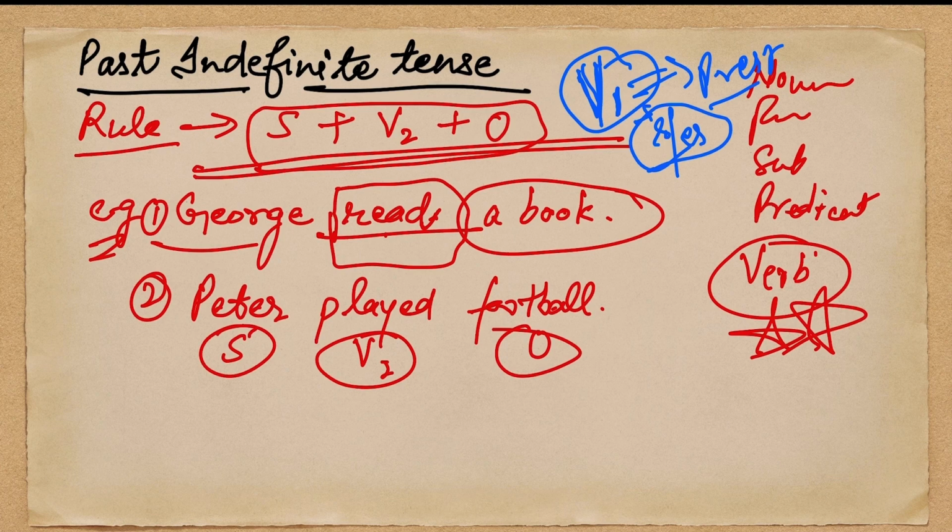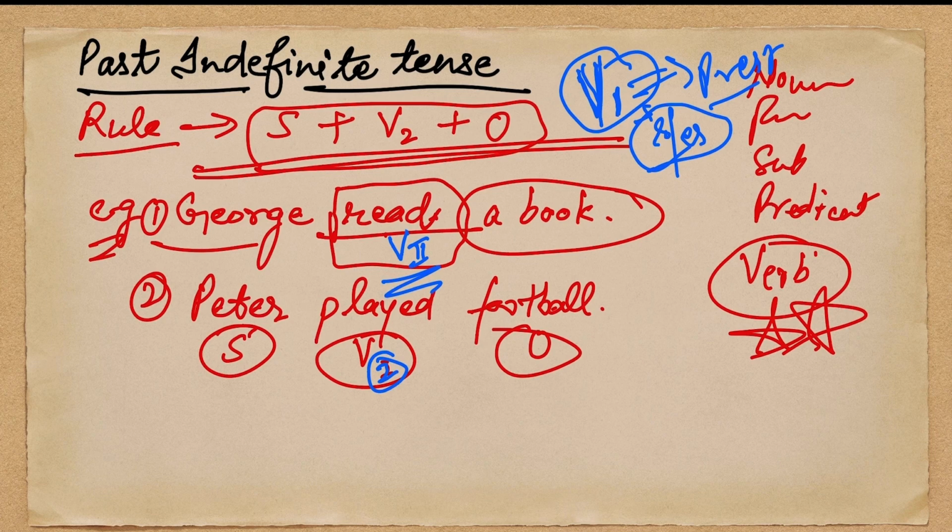But in past indefinite tense we have to use the second form of verb. So these two things you have to understand. So this is the general rule. I hope you get that.